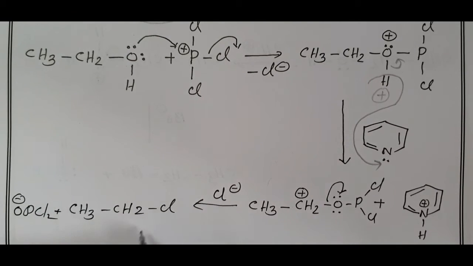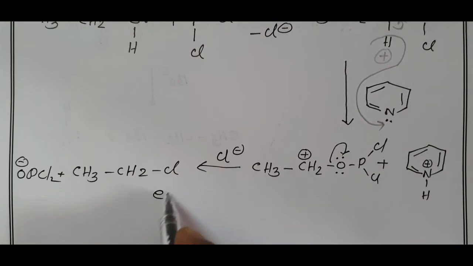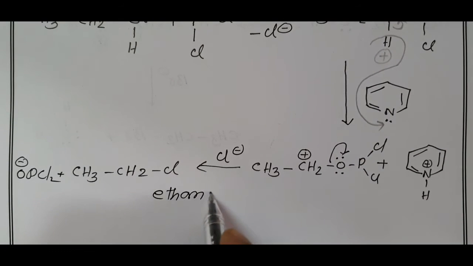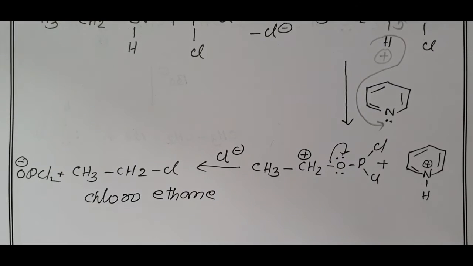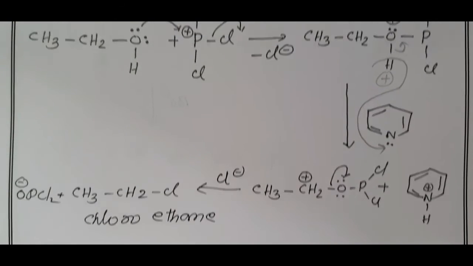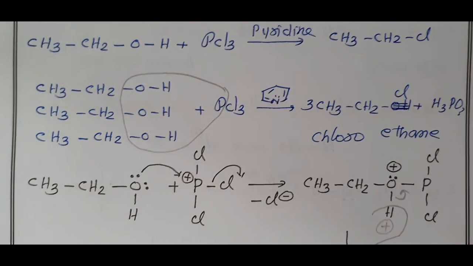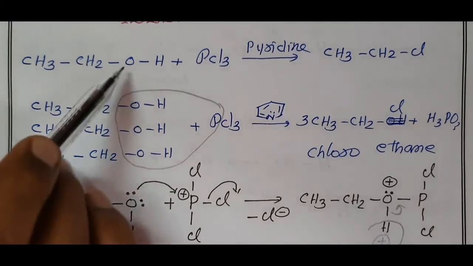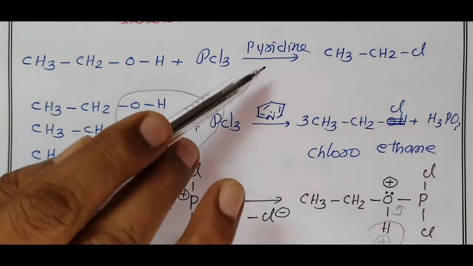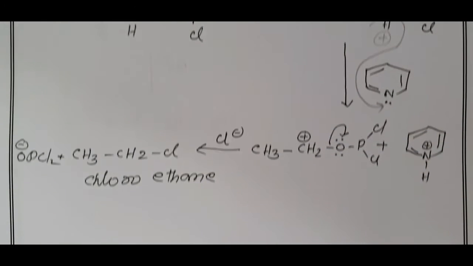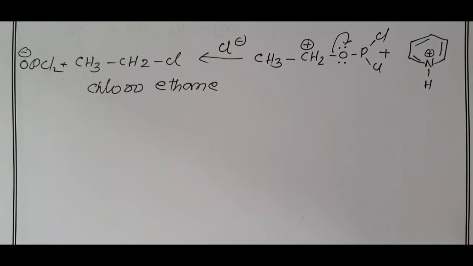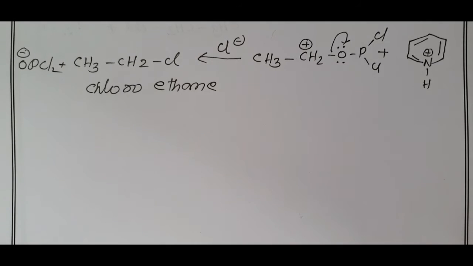This is the 2 carbon ethane, carbon-carbon single bond, Cl: chloroethane. This is one of the nucleophilic substitution reactions. Simply remember, ethyl alcohol treated with phosphorus trichloride in the presence of pyridine gives chloroethane. The OH minus ion is substituted by Cl minus ion.